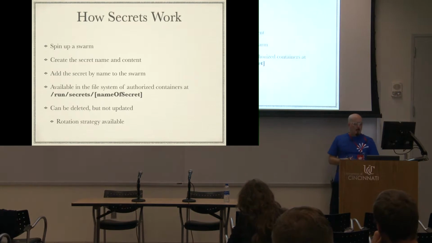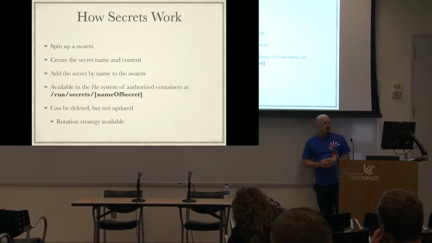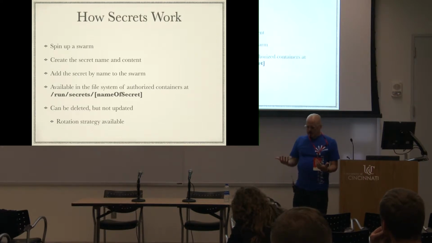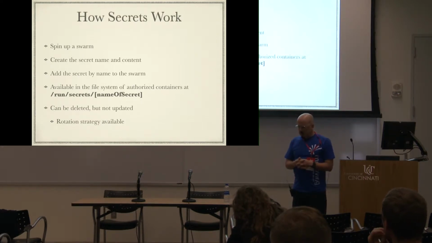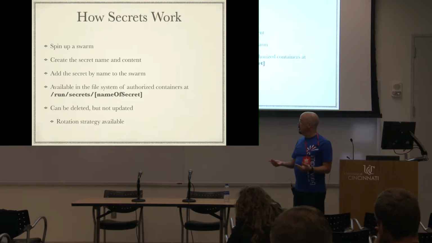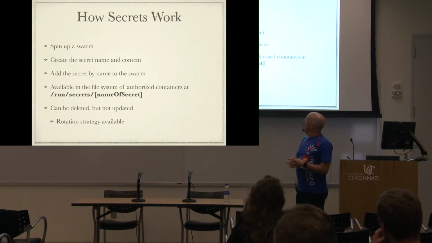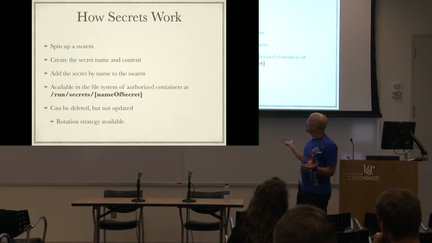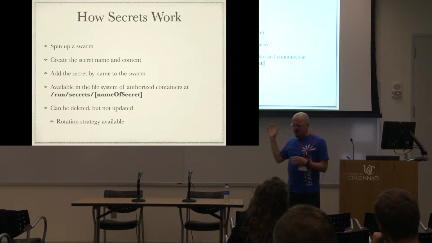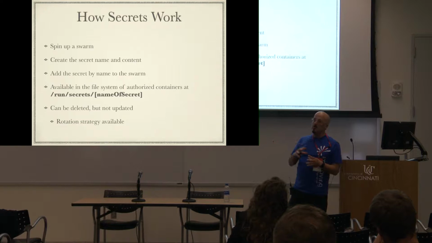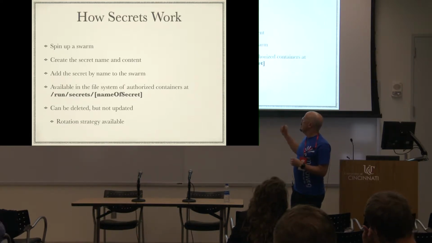Basically how they work: you spin up a swarm, you create your Docker machine, you spin it up into swarm mode, okay? Then you create your secret name and content, and you add it to the swarm. It is made available in the file system of the container in the run secrets directory.